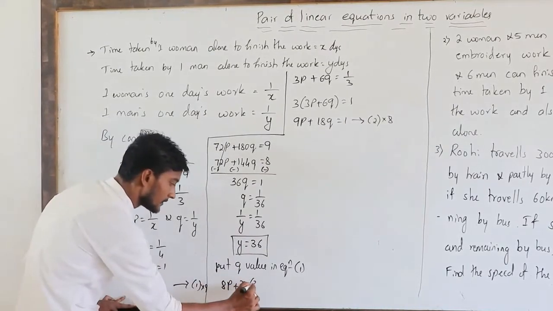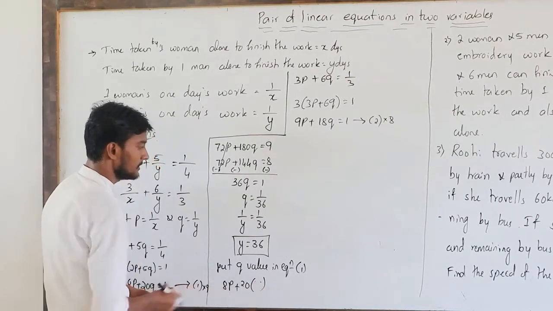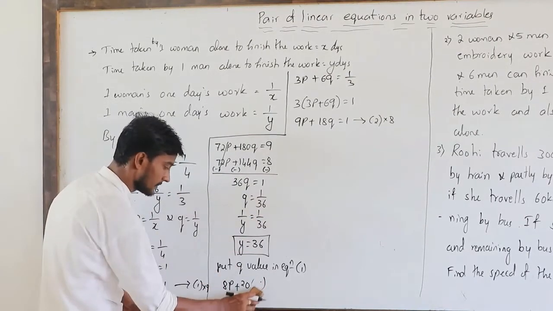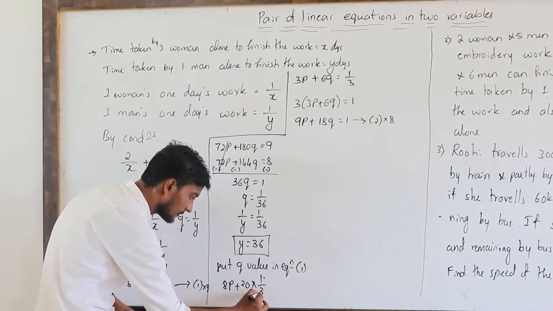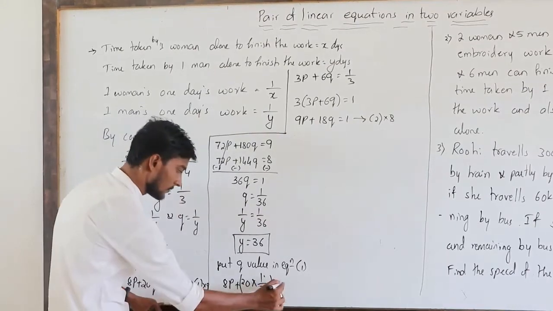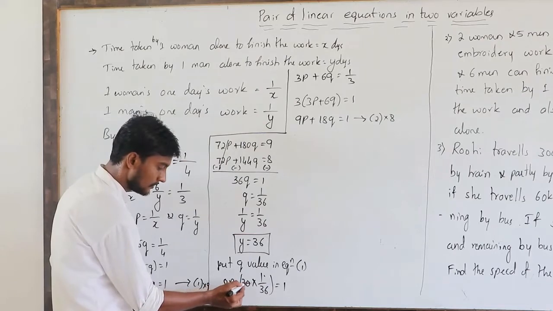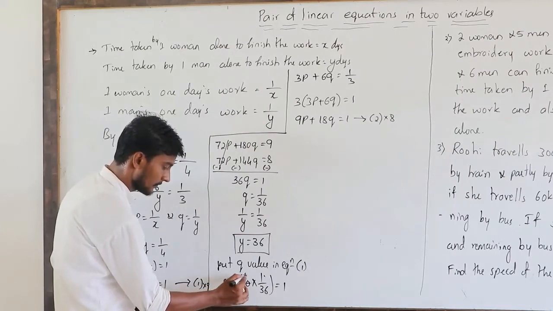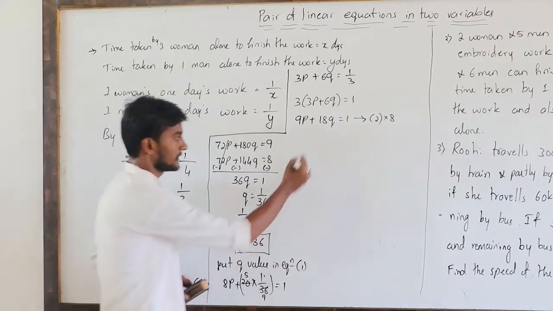Sorry, not 36, the q value is 1 divided by 36, is equal to 1. So now cancel this 2. So 4 5s are 20, 4 9s are 36. So what is left here?